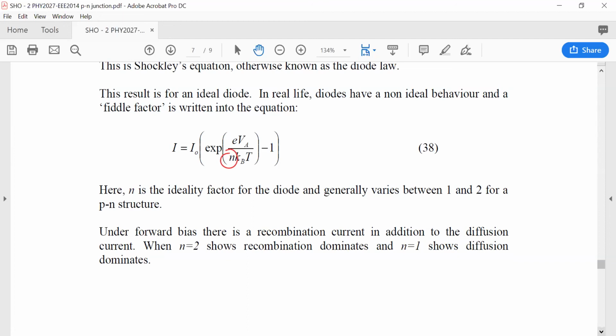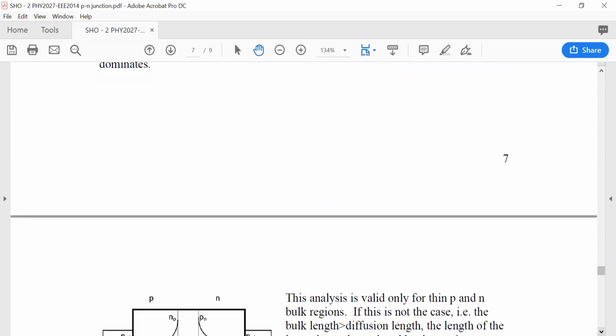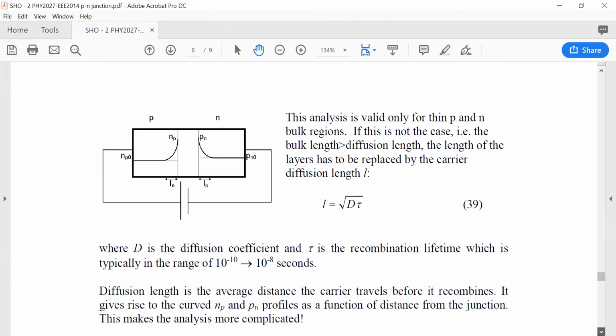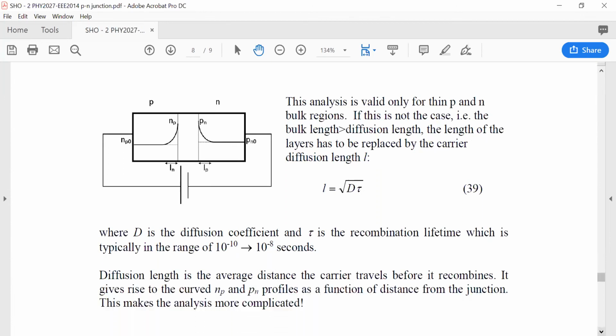But one other thing that does need to be taken into account when we're calculating or assuming that we can calculate the amount of current out for a given voltage is the diffusion length of carriers in the bulk and how far these carriers are going to go. So that's really moving on to perhaps this next small section.